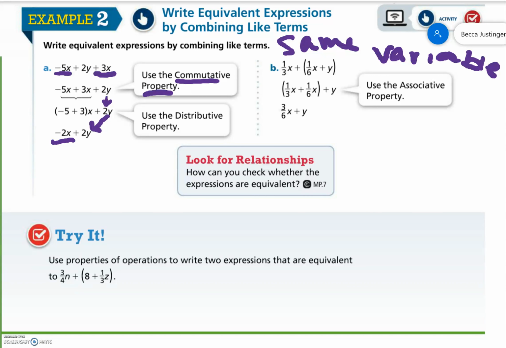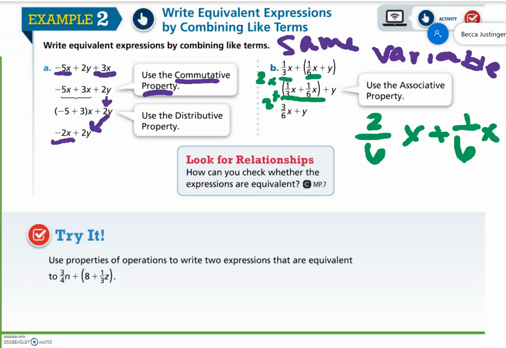Next, 1/3 x plus 1/6 x plus y. We recognize that we have 1/3 x and 1/6 x. So we put those two together. We want to add those first. Can't add those unless we have common denominators. So if we multiply this first fraction by 2 over 2, it's going to give me 2/6 x plus 1/6 x, which equals 3/6 x.